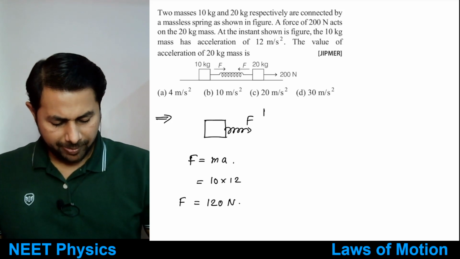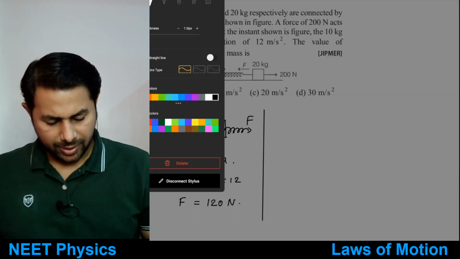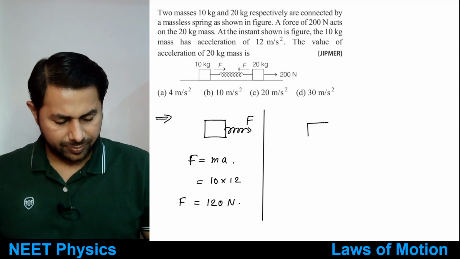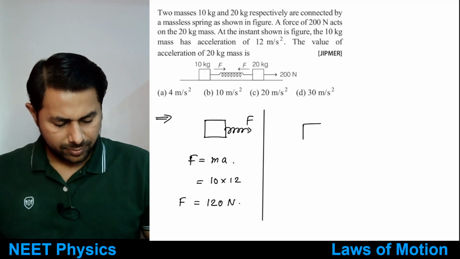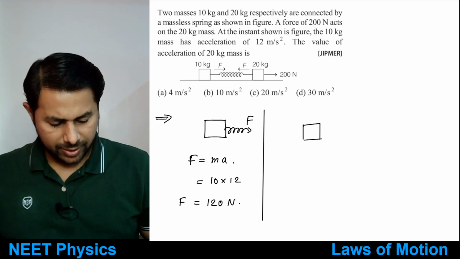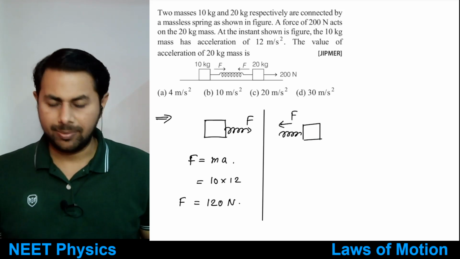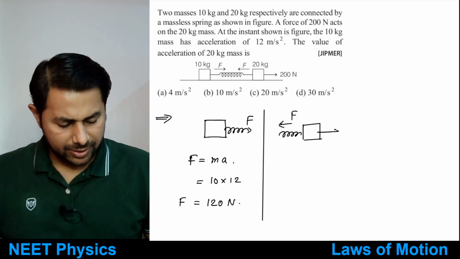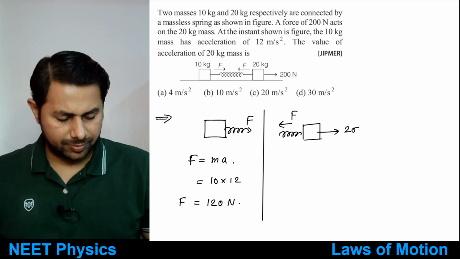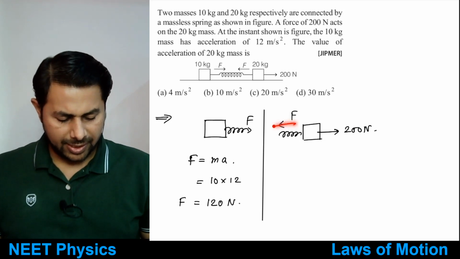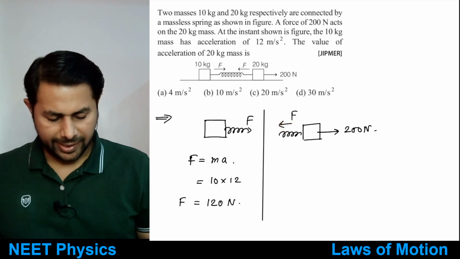So you got F. Then for the second mass, this F is acting towards left and you are exerting a force of 200 Newton, and F is acting in this direction. So what would be the net force?